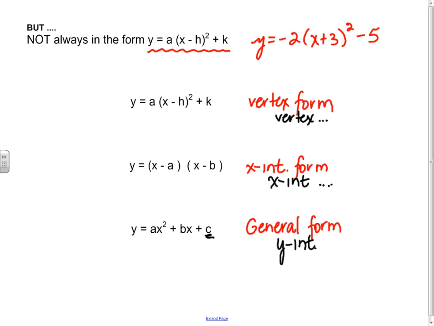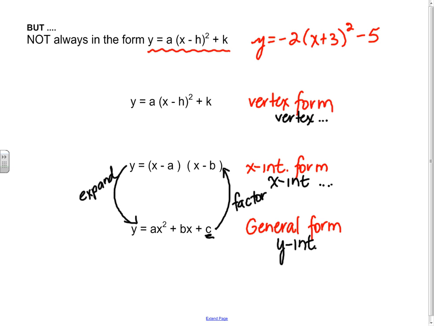It would serve us well to hone our algebra skills to be able to go back and forth between the different forms. To go from this form to that form, we need to be able to expand. From general form to x-intercept form, we need to be able to factor.